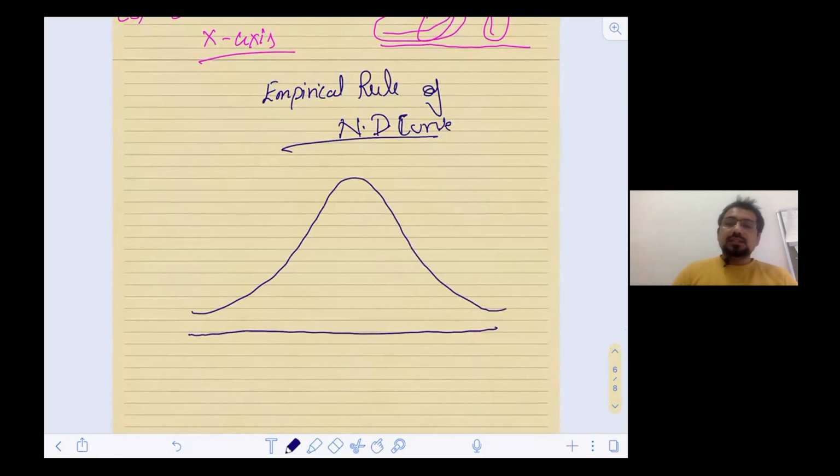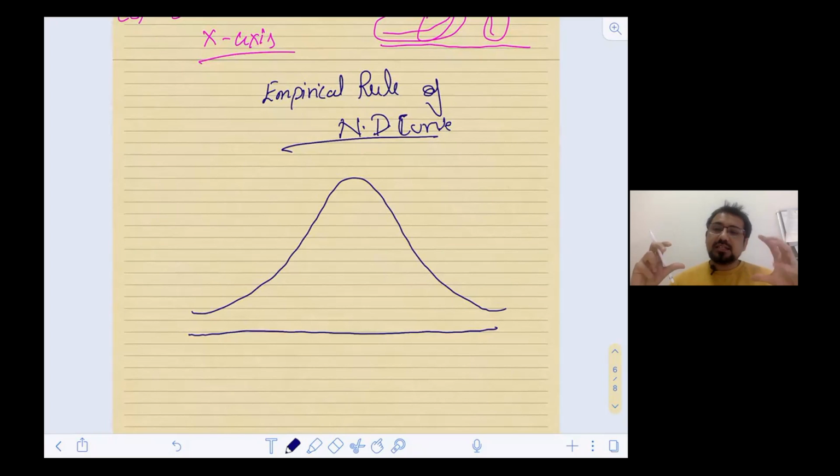Now, this empirical rule, according to some statisticians, based on their own observations and studies, they found a rule which is applicable to the probability of a random continuous variable.